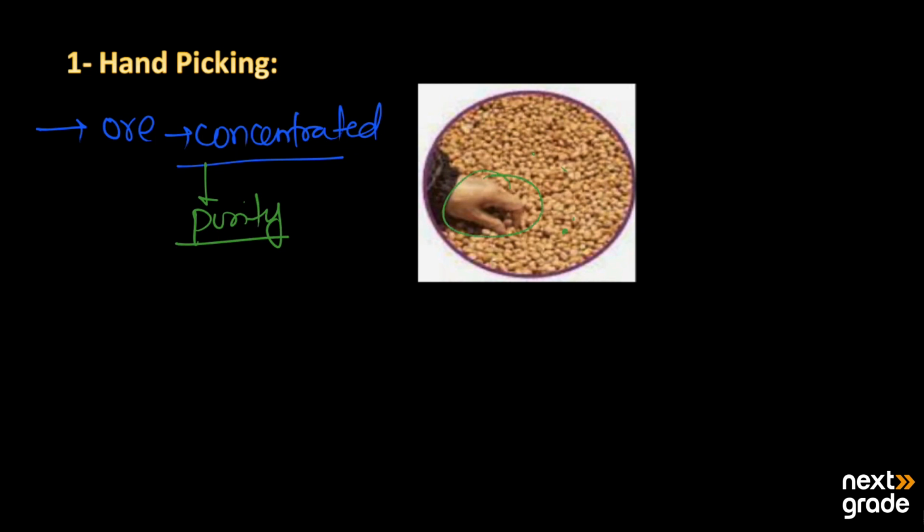All the particles that are large enough and can be seen by the naked eye, such as stones, can be removed by simple hand picking. This is the first method for the concentration of the ore.